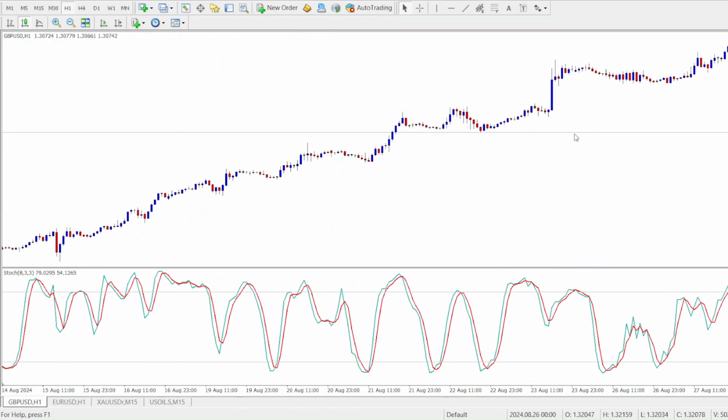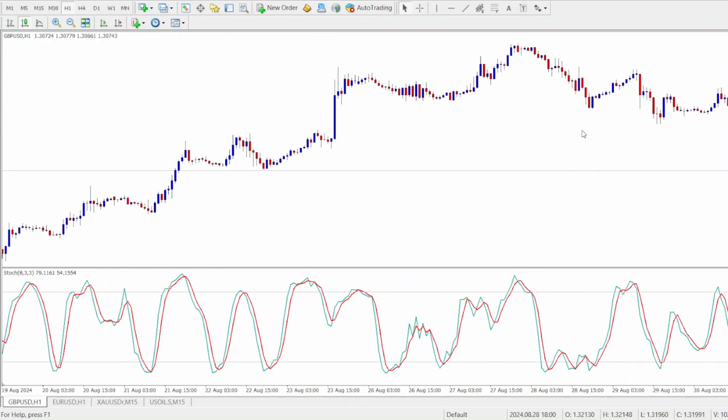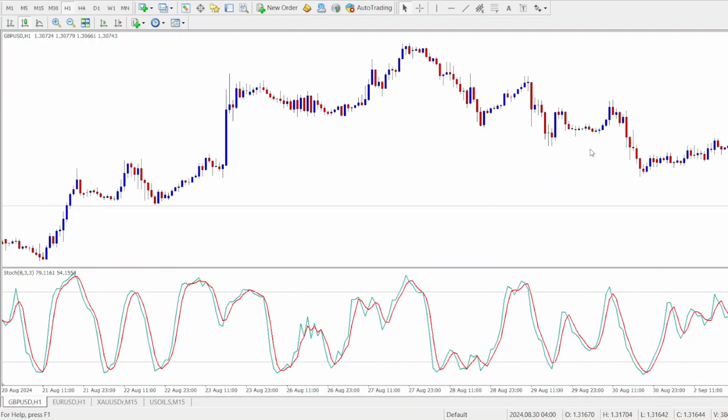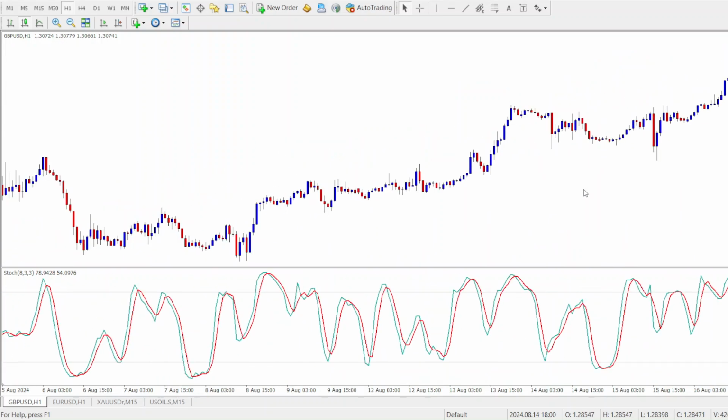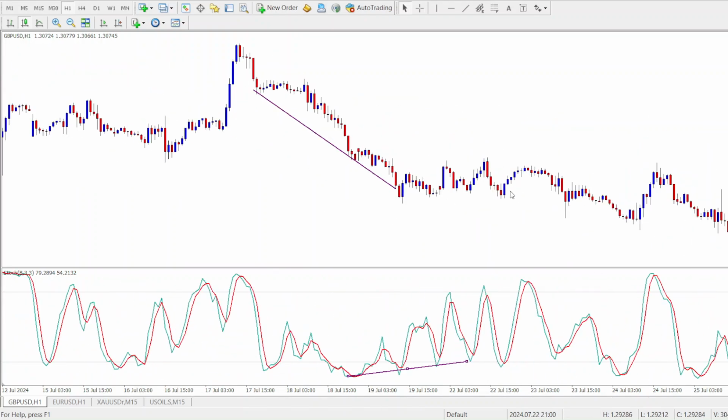In that case, that is a bearish regular divergence. On the other hand, the hidden divergence is when, for example, you have price making a lower low, and the stochastic is making a higher low. You can use that to spot hidden divergence.